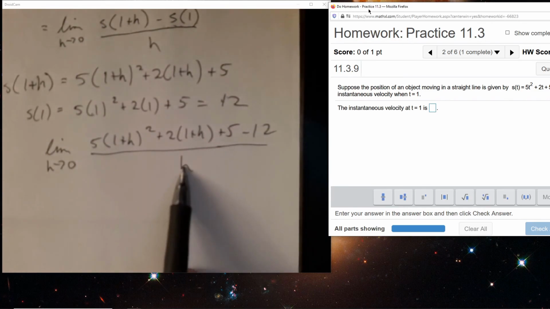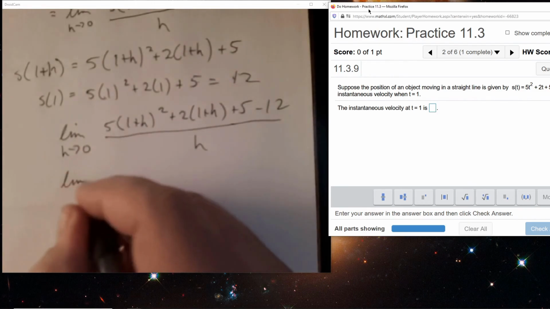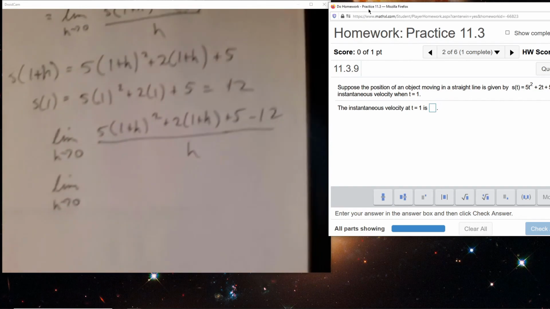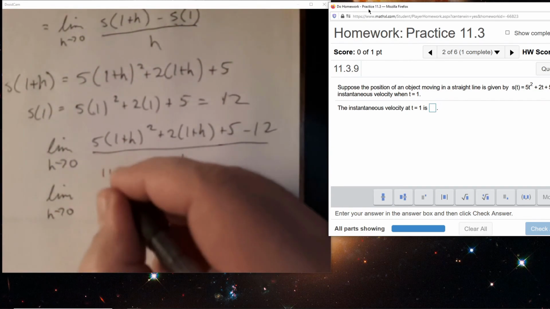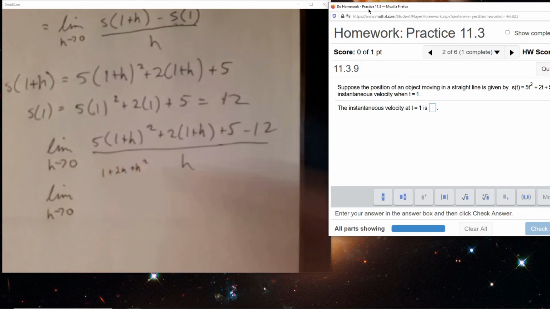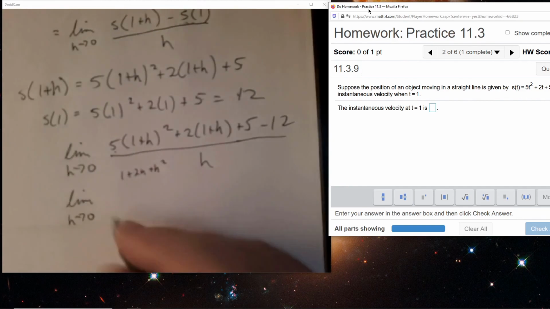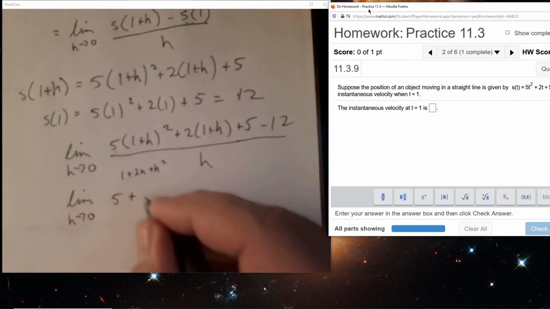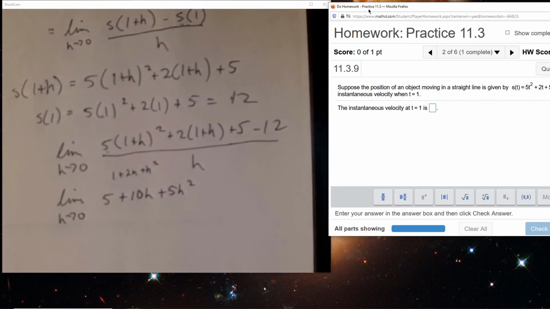Our ultimate goal is to get rid of this h. So first off, 1 plus h squared is 1 plus 2h plus h squared. And then it has to be multiplied by 5. So that'll give us 5 plus 10h plus 5h squared.